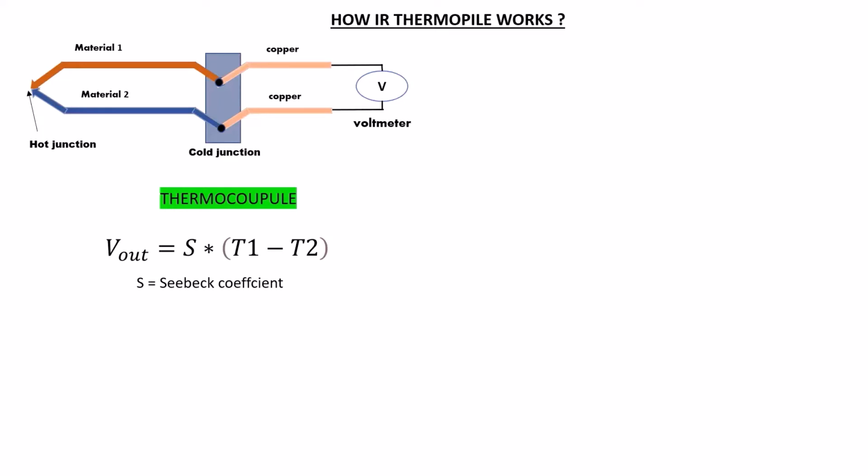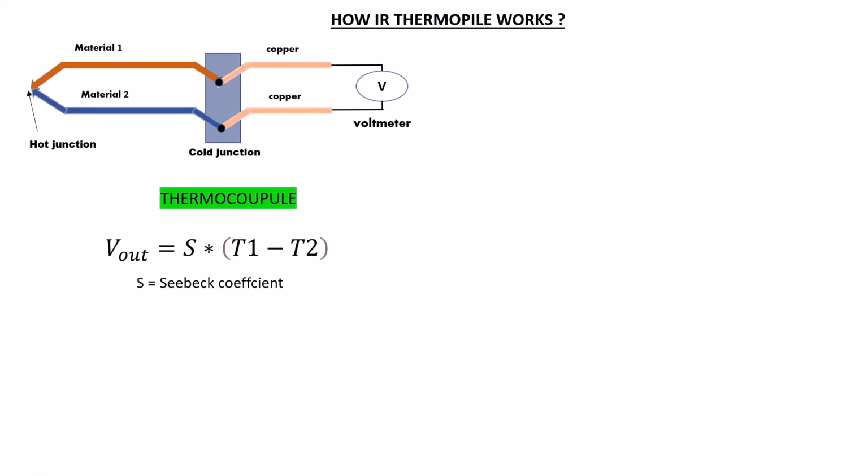Now, if we use two different metals, then both wires heat up differently, and between the two wires there will be a temperature gradient. It means the electron buildup at the cold ends of the two wires will be different, and so we are able to measure the voltage across these two ends.